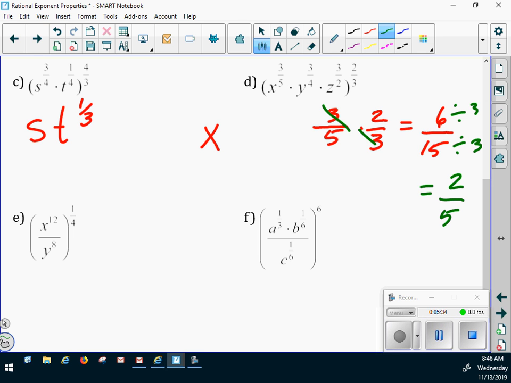Why don't we just divide the 3 out right there? Didn't I divide the numerator by 3 and the denominator by 3? I'm just trying to show you that math's not as hard as sometimes you make it out to be. I know, 2/5. So, x to the what? X to the 2/5.